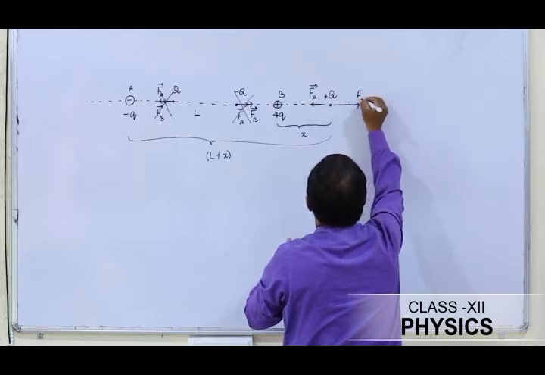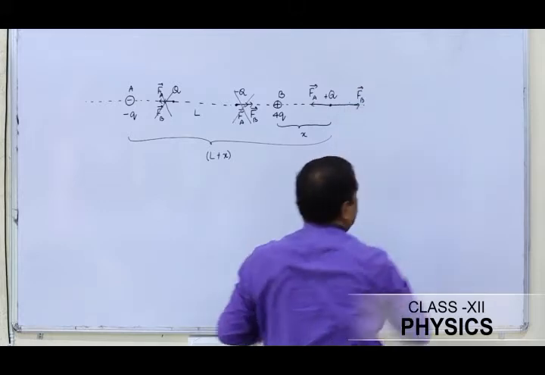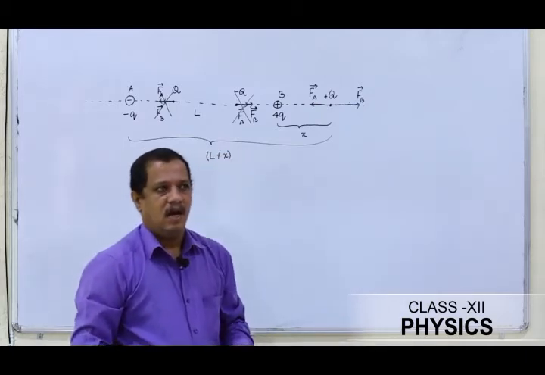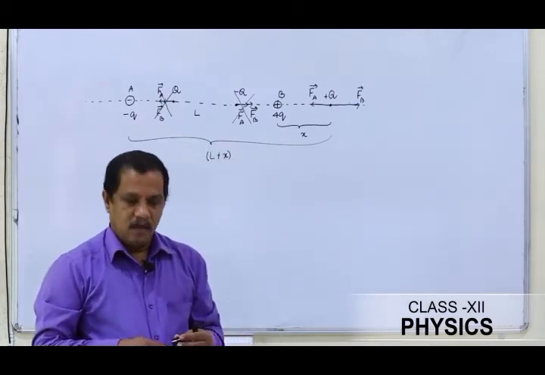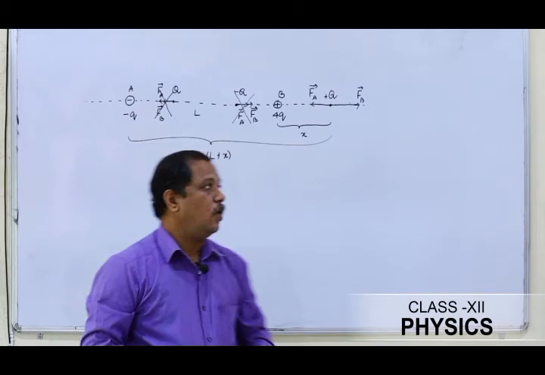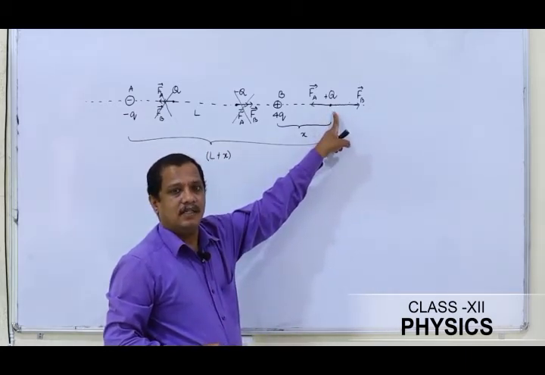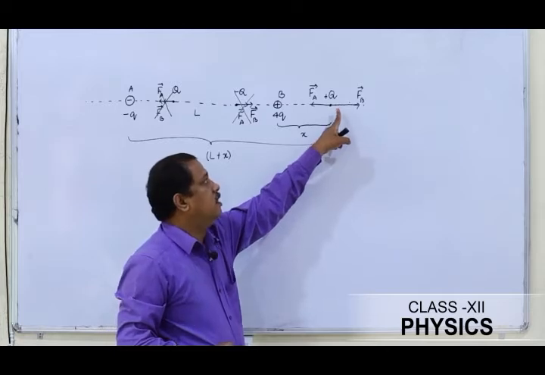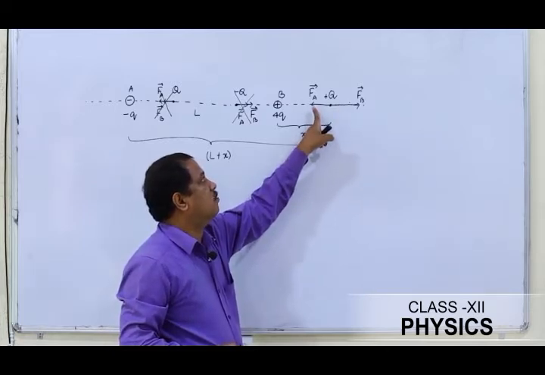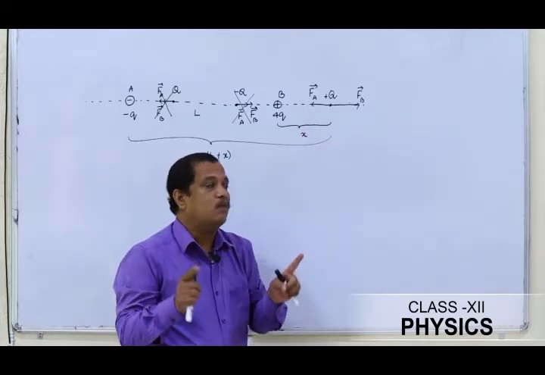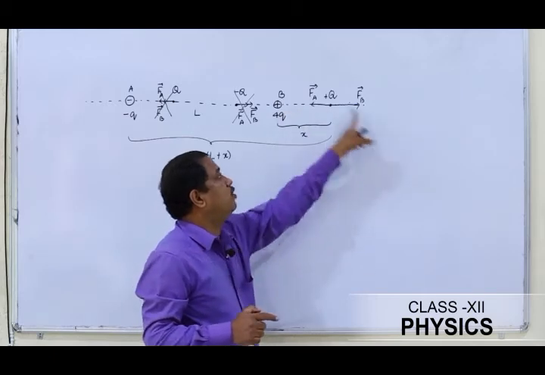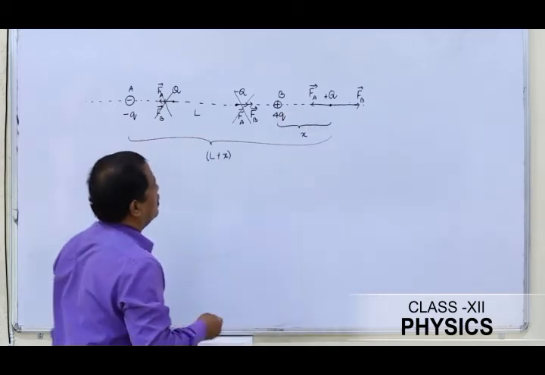And this will be Fb. So the forces are in opposite directions. The only condition for the charge to be in equilibrium is that the net force must be 0. So let us inspect whether the magnitudes of the two forces can be equal anywhere to the right of B.